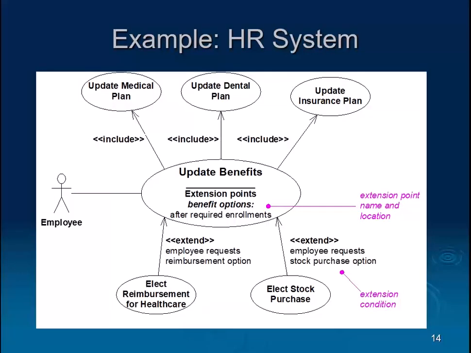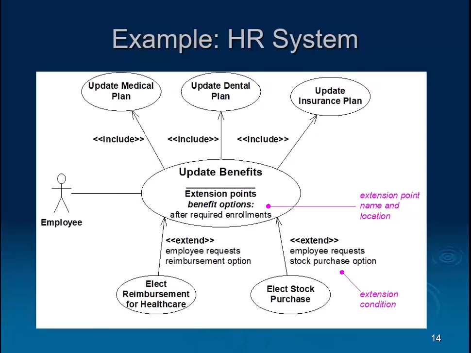So we have three include use cases, which means these three are mandatory. The employee should update the medical plan, update the dental plan, and update the insurance plans. These three features should be operated first for completion of this use case.